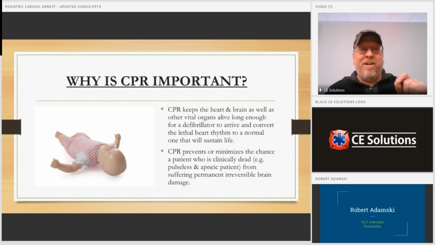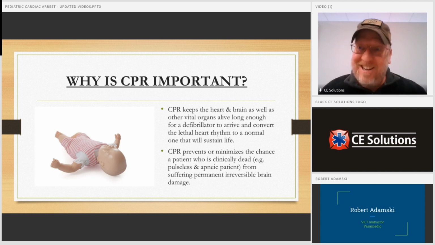Another important time point in the evolution of CPR and the evolution of resuscitation is the first resuscitative mannequin, or the first training aid, which was developed in 1960 by a team of doctors in Europe who worked with a Norwegian toy manufacturer by the name of Mr. Laerdal.